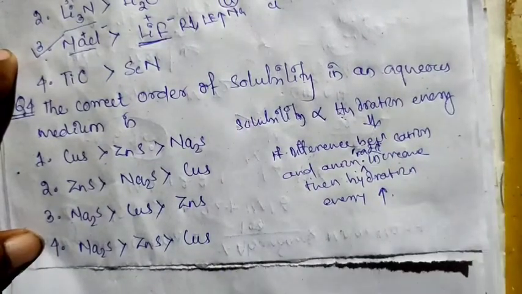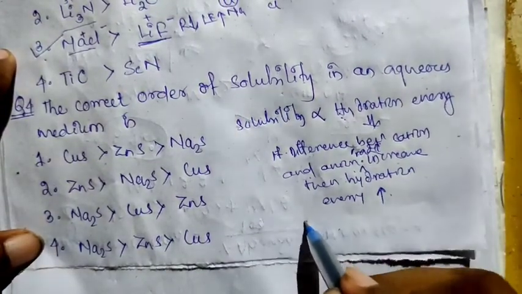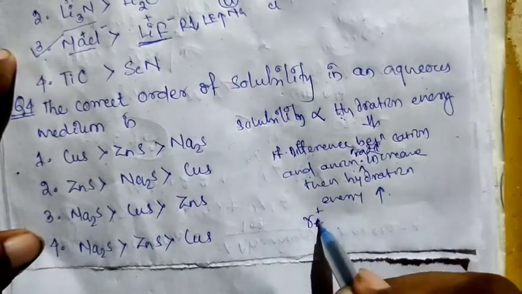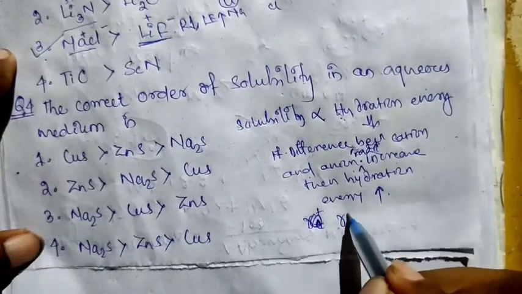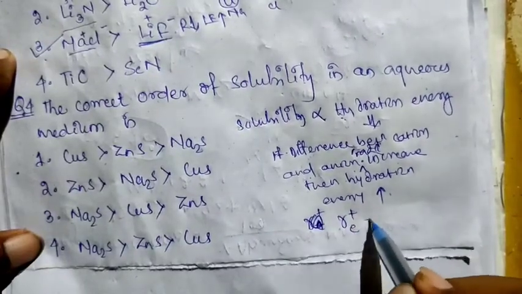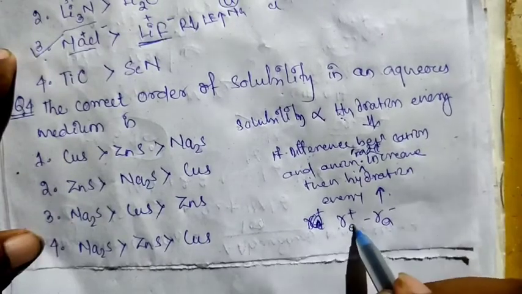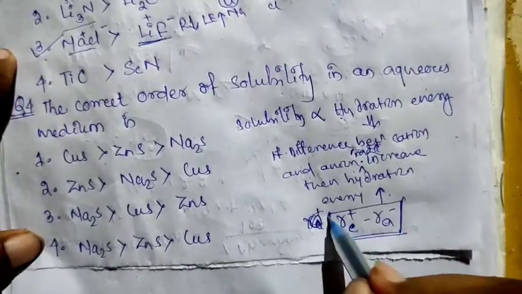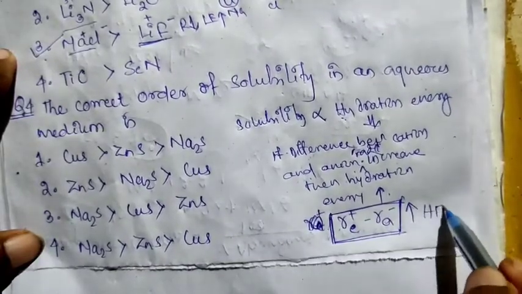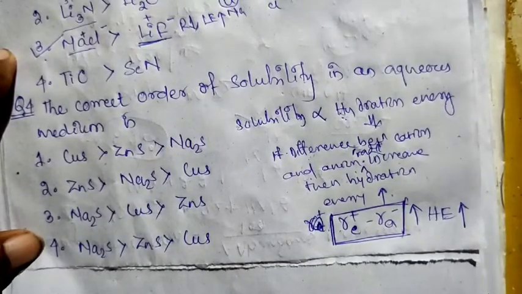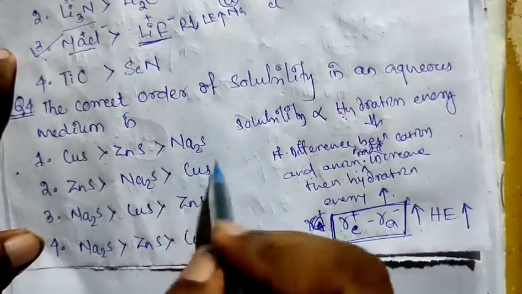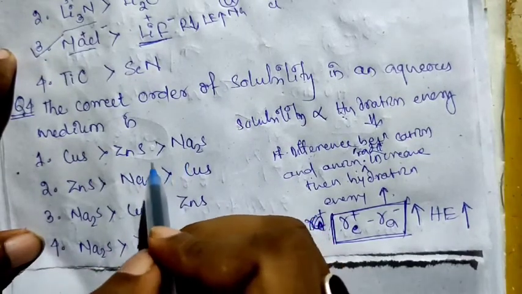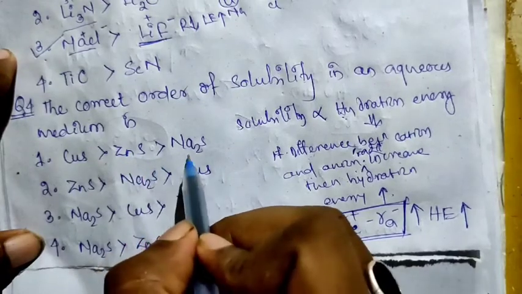Radius of cation minus radius of anion. If this difference increases, hydration energy increases. Okay, so first we check.